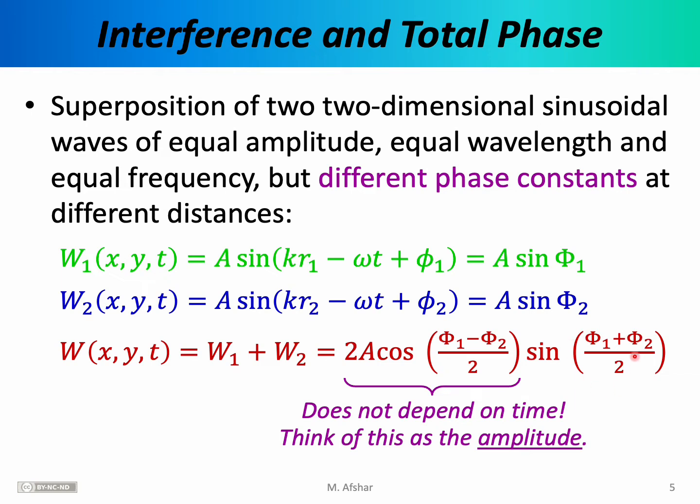There is a time dependence in here, and therefore the sine part is the oscillating part of the wave, but everything else is independent of time. It does not depend on time, so we can think of this entire thing as the amplitude. Thinking of this entire thing as the amplitude, we can now talk about when this cosine function is equal to 0 and when it is equal to its optimal value.